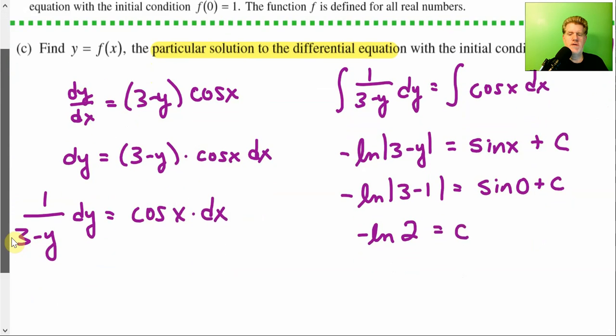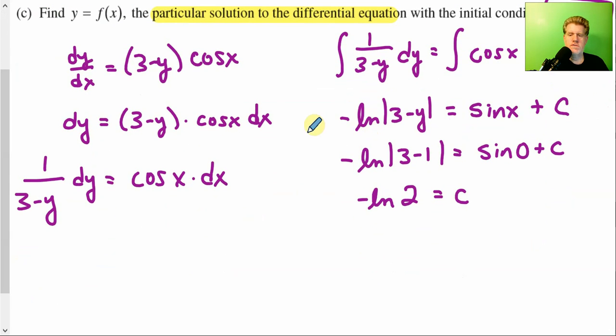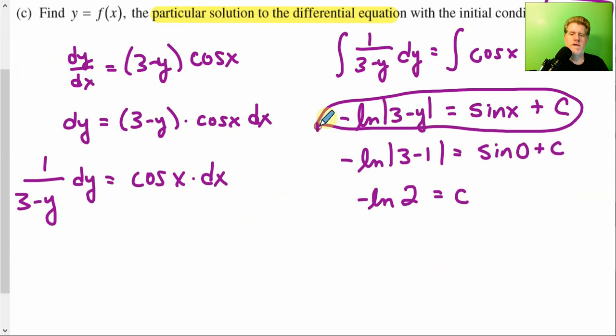So let me continue my separation. We'll bring this down and keep on separating. In order to solve, I get rid of the negative first.